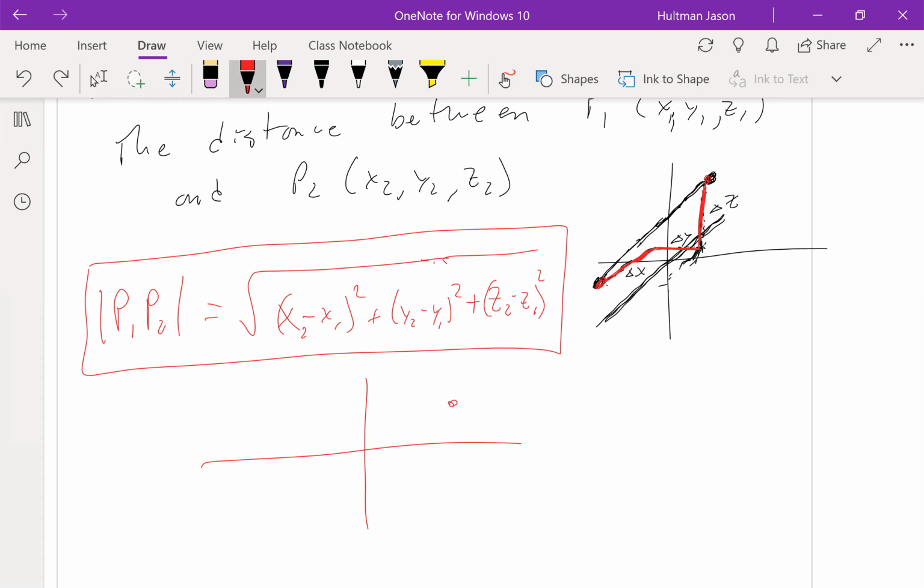Say we have some point out here in space, and we want all the points that are equidistant from this point in 3 space.